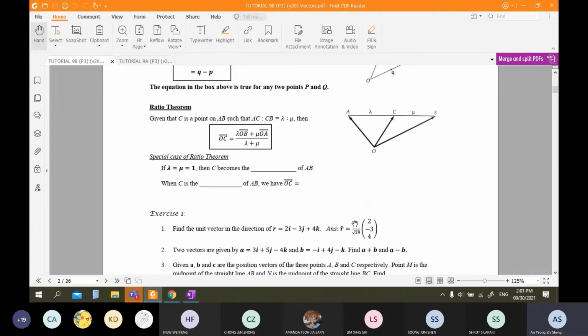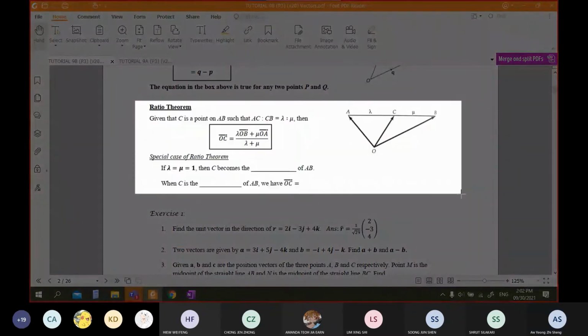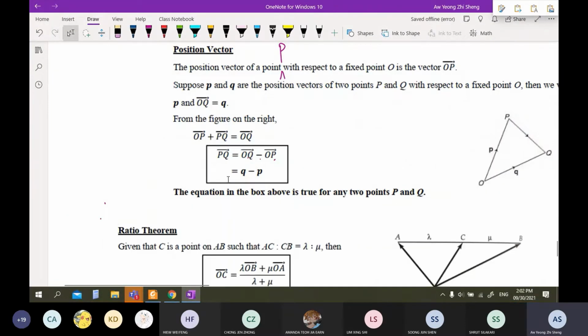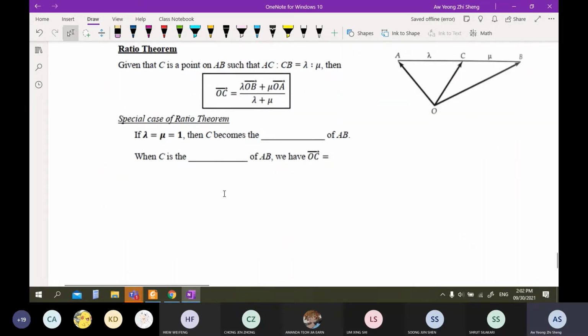Then move on to ratio theorem. Ratio theorem is a little bit new, so I will be a little bit slower for ratio theorem. But in the previous chapter, we have covered the midpoint formula for vectors. Ratio theorem is just a more general formula, and the midpoint formula will be a special case of the ratio theorem here.